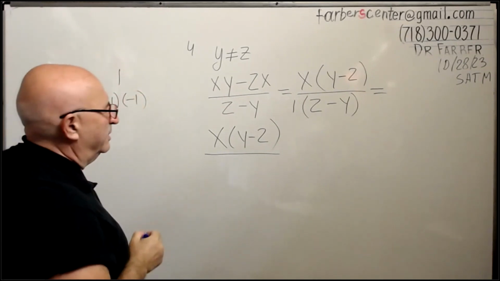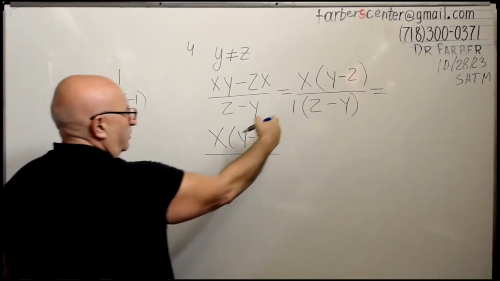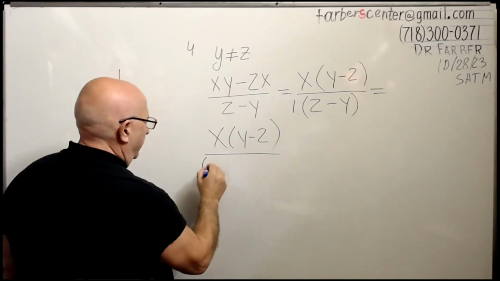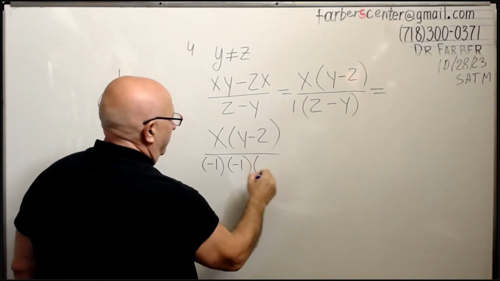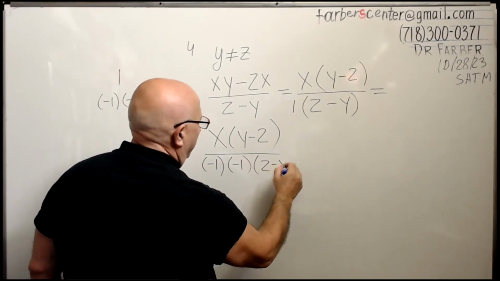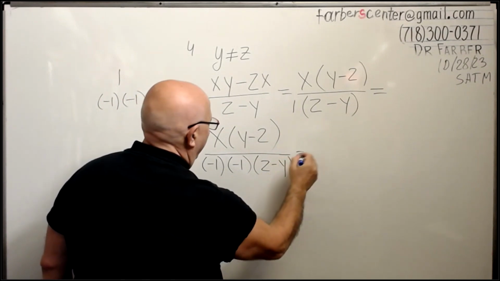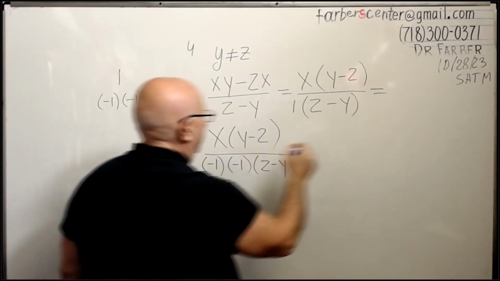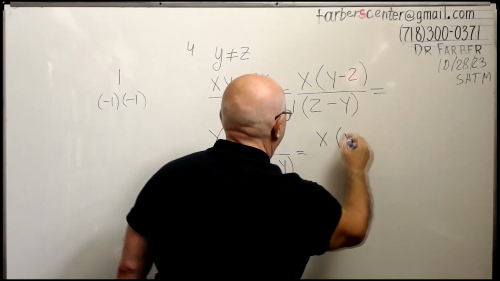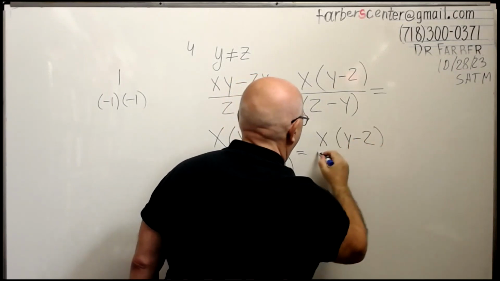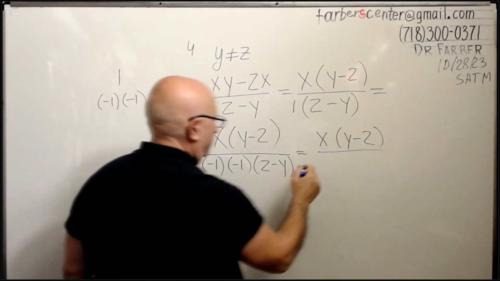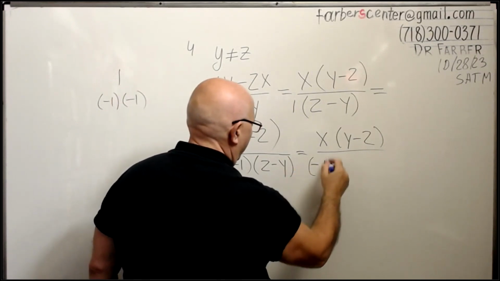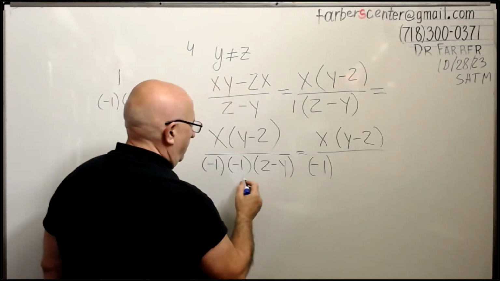I deliver all these steps. Instead of this 1, I write negative 1 times negative 1 times z minus y. The numerator stays like it is, and this negative 1 I leave like it is. You do it mentally, I just show it one time.